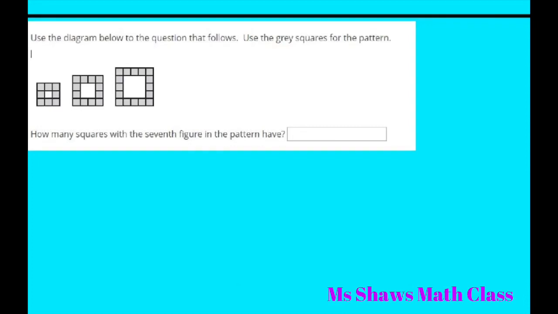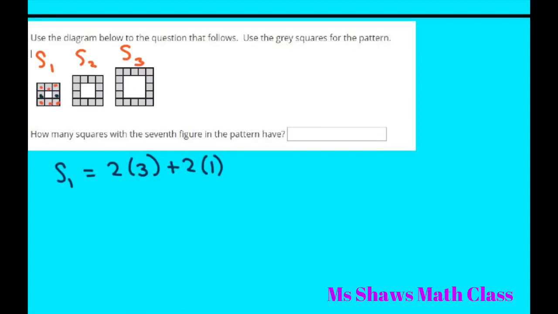Now we have one with some shapes. When I look at this, I'm counting 1, 2, 3. I have 2 of these. This is your stage 1, stage 2, and stage 3. We could say stage 1 is 2 times 3 plus 2 times 1, because there's just 1 right here.